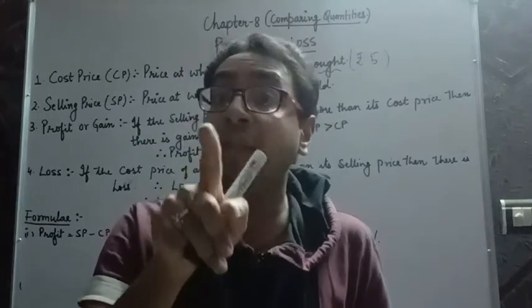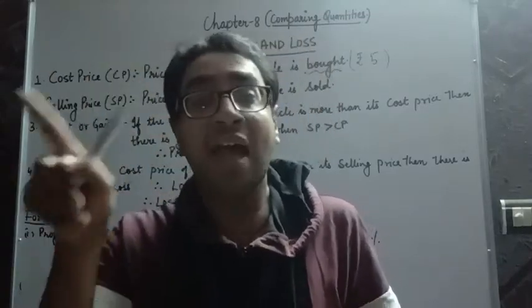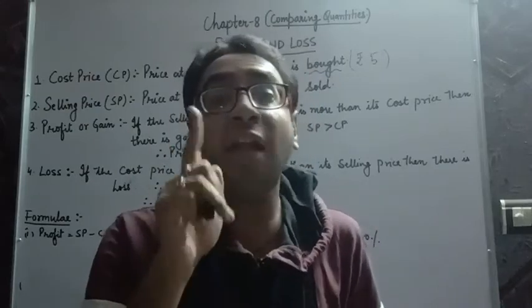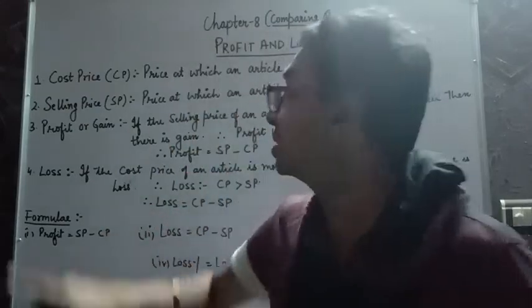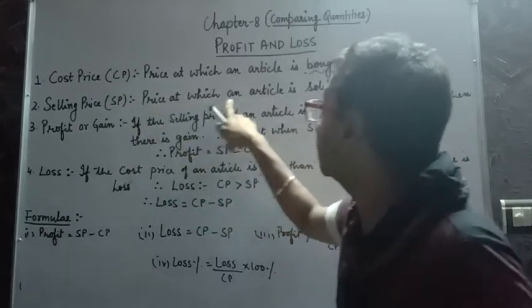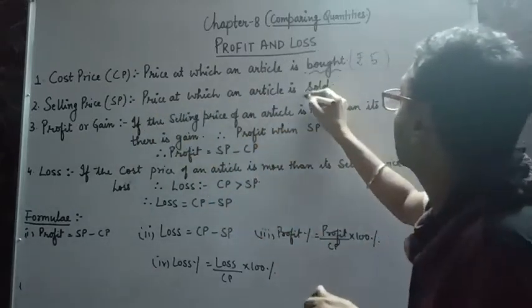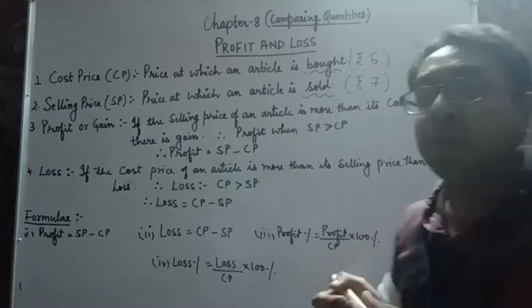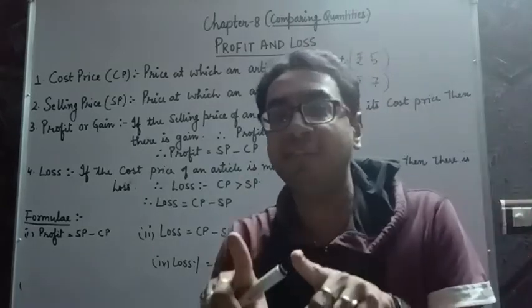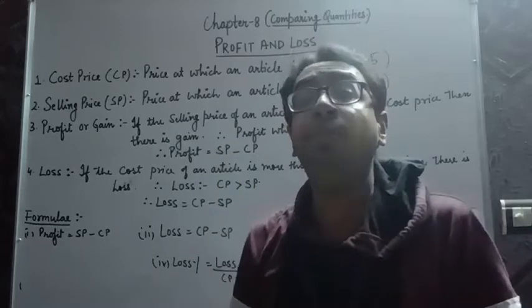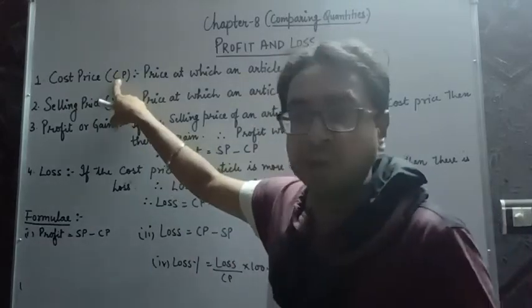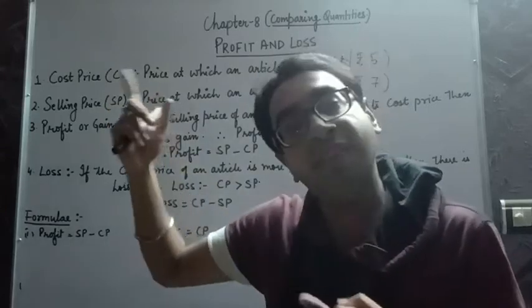So you sold the pen at rupees 7. That rupees 7 is the selling price, SP, the price at which an article is sold. Rupees 5 is the cost price, rupees 7 is the selling price. The pronunciation is selling price. Now CP is cost price, SP is selling price.